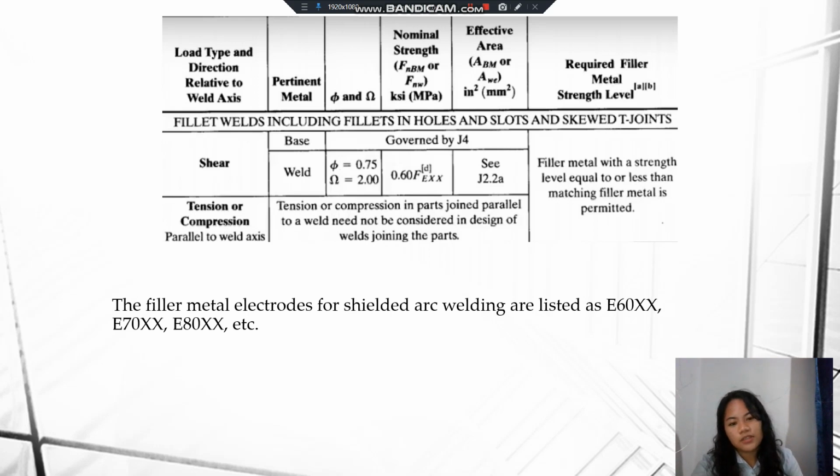So, ayan. So, for example, ito ganito: E60XX, E70XX, or E80XX. So, yung XX na yan is type siya ng welding rod na nagdedepende sa materials of the base metal.